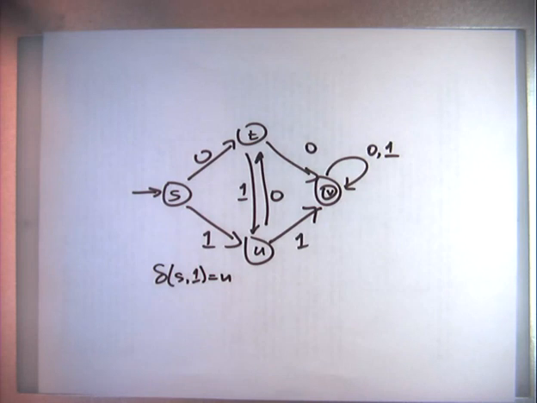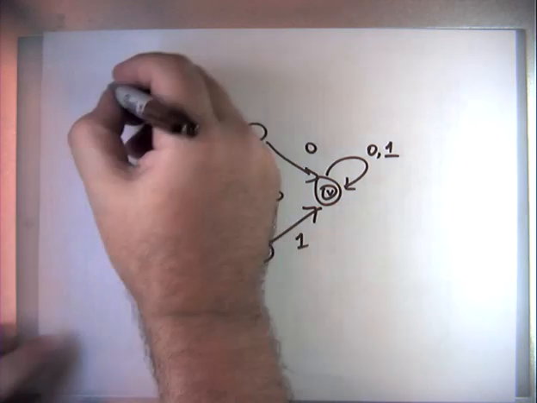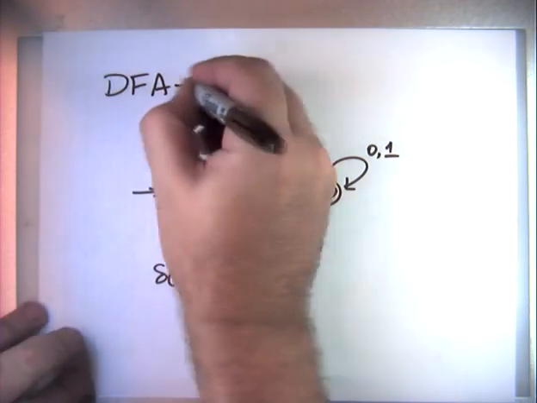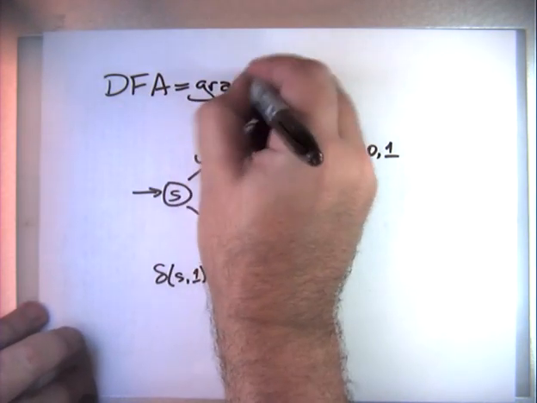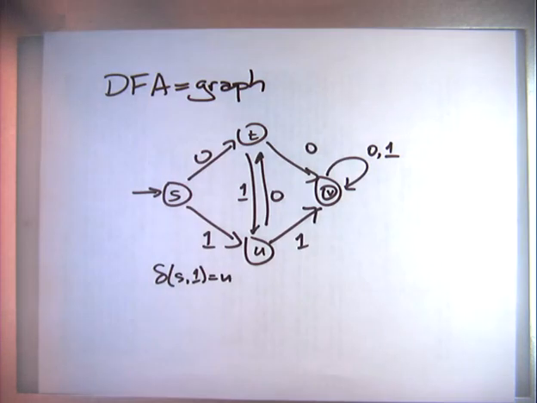Given a directed graph with labeled edges, as long as I satisfy the right conditions, I can translate it back into a DFA. The condition that I need is that for every vertex and for every symbol, there's exactly one outgoing edge labeled with that symbol. So a DFA is a graph with some conditions.